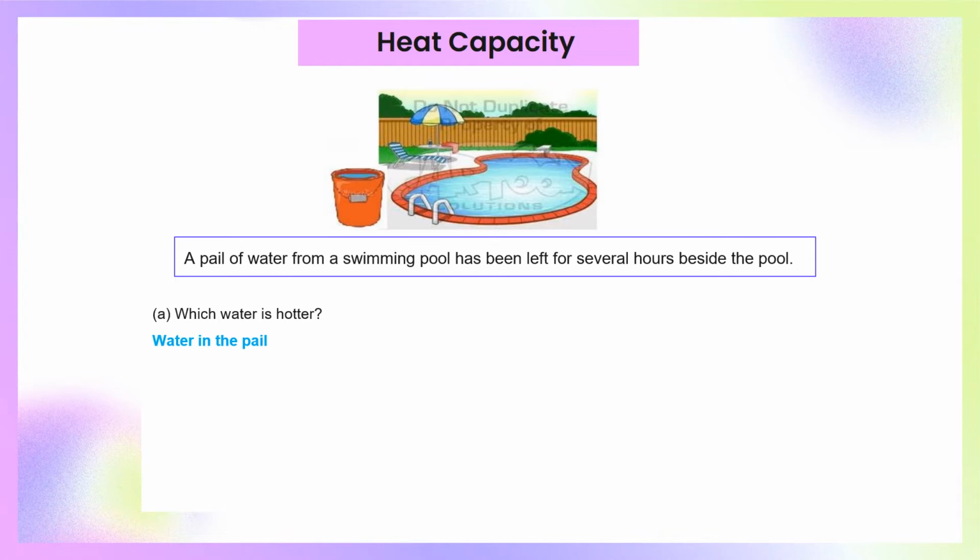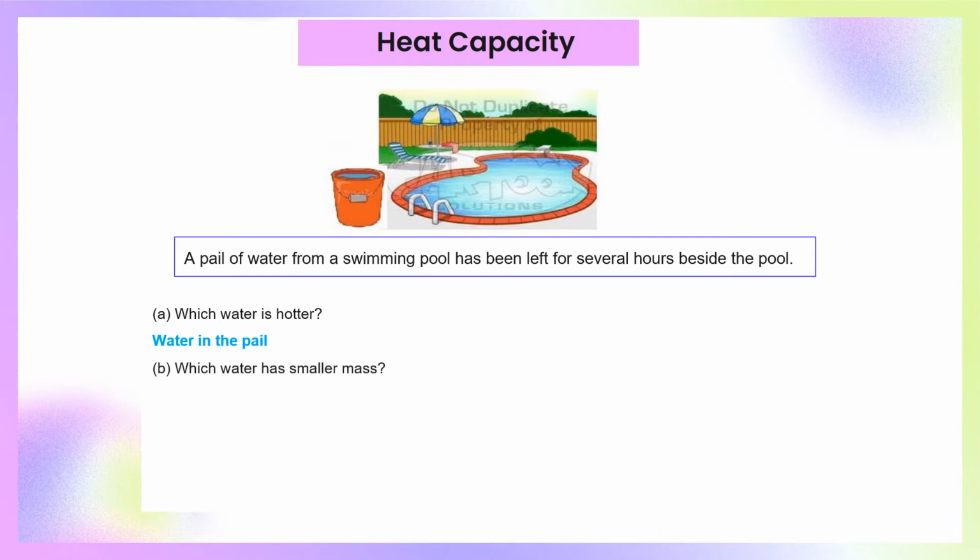Why can we not say the water in the swimming pool is hotter than the water in the pail? Because of the quantity of the mass. The mass of water in the pail is smaller than the mass of water in the pool. So it takes a shorter time to heat up than the water in the pool.